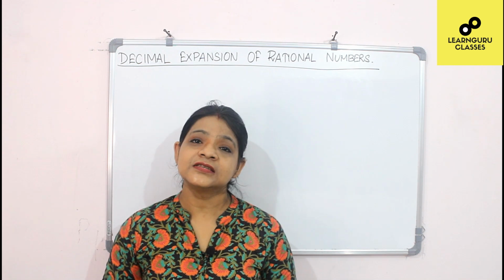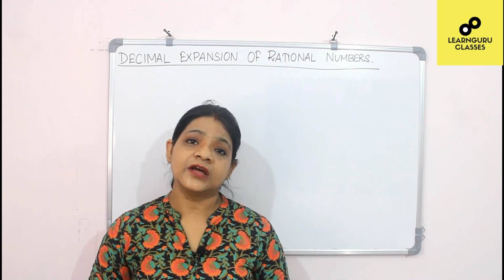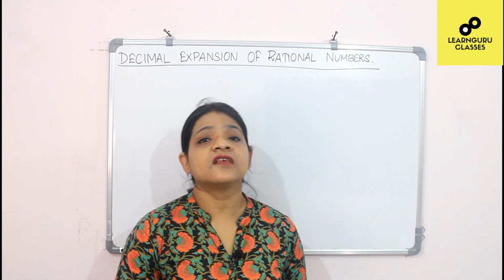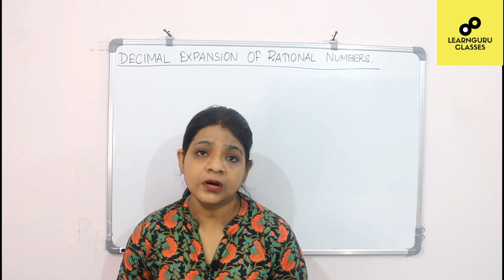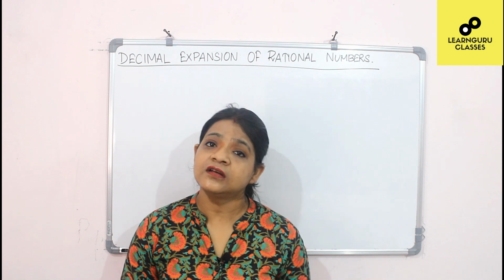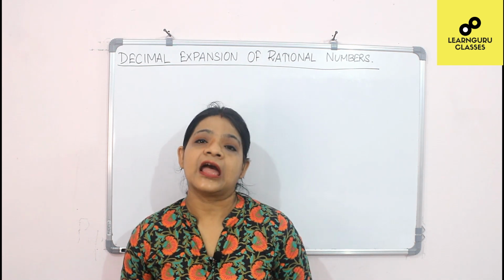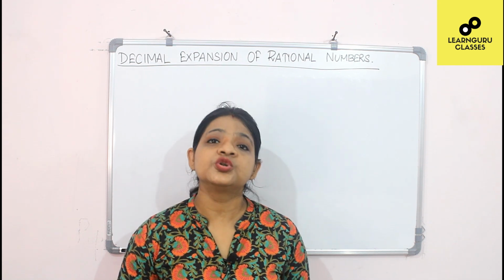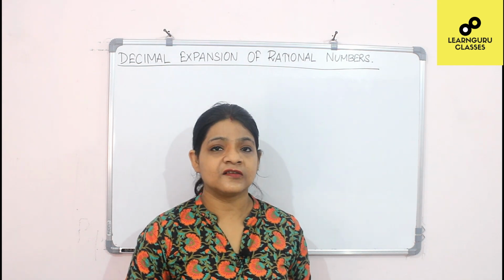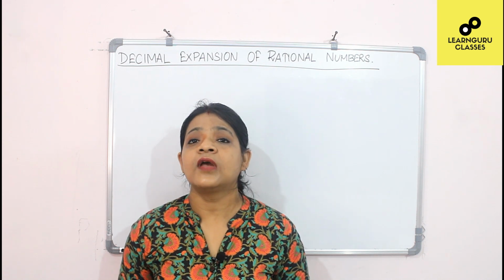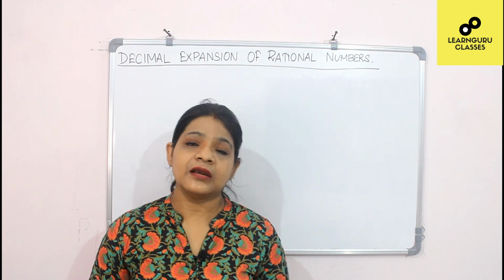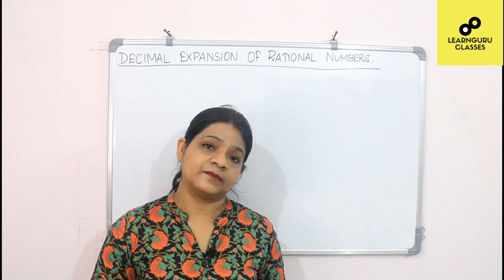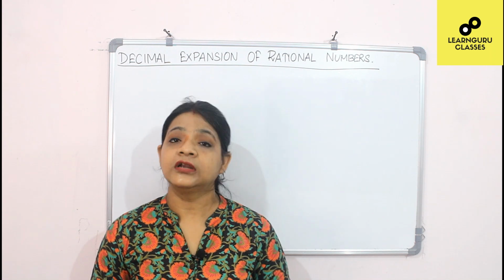So today's class is the continuation of the last class. Last class we studied in detail about decimal expansion of a rational number, where we studied what is a decimal number, what are the types of decimal expansion, like terminating decimal expansion and non-terminating decimal expansion, and after that we took some rational numbers and identified the type of decimal expansion by performing long division.